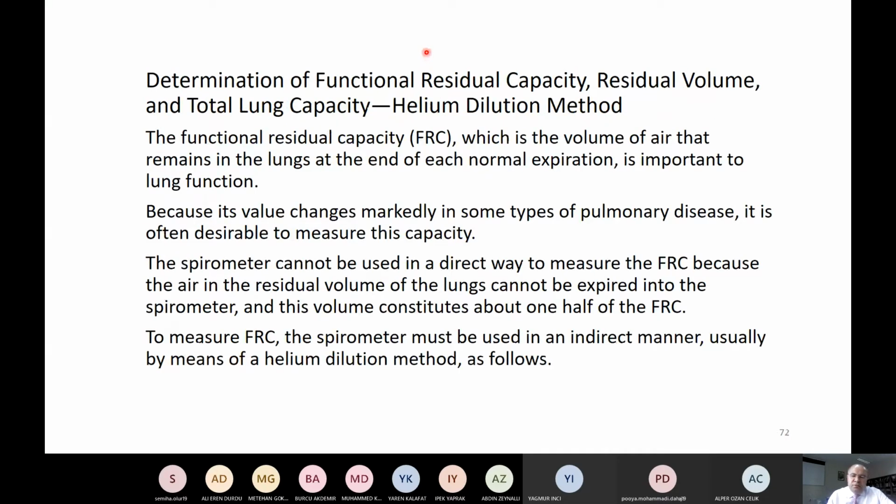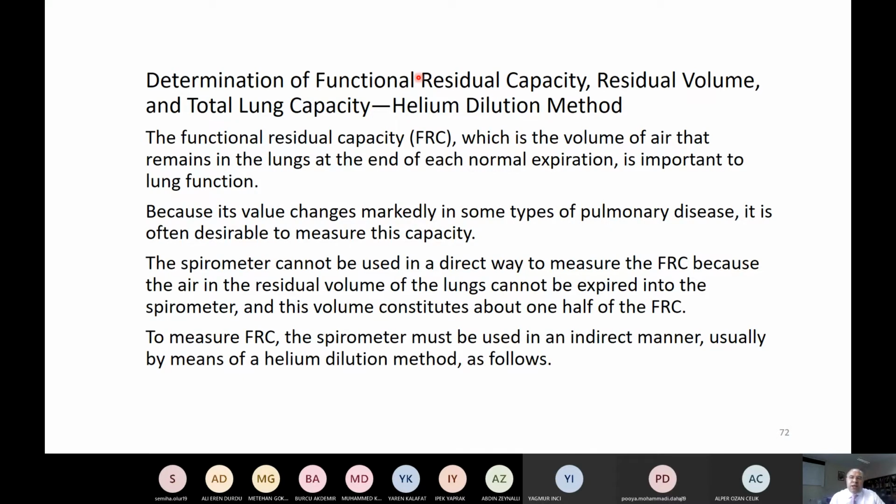Now we can measure them. We can directly measure them. It's okay. But how about residual volume? How about functional residual capacity? We cannot measure them. We can measure expiratory reserve volume, but we cannot measure residual volume. So if we cannot know how much the residual volume is, we cannot calculate the functional residual capacity.